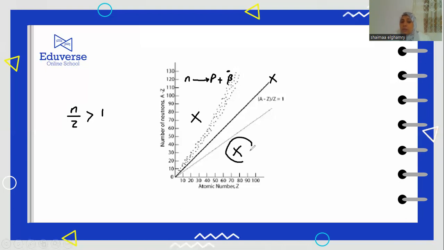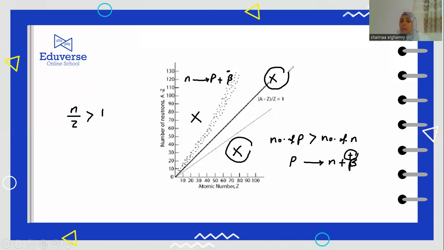On the right side, number of proton greater than number of neutron. So the proton will convert to neutron to reach the stability. The proton will convert to neutron and emits what? Beta particle, but carrying what? Positive charge.